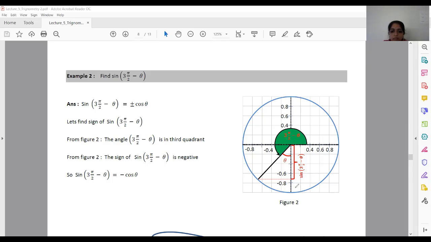This one is 3 pi by 2. Minus theta: this minus sign means we have to go in the clockwise direction. So 3 pi by 2 minus theta is in the third quadrant, and in the third quadrant the sign of sine is negative. So our answer is negative: minus cos theta.